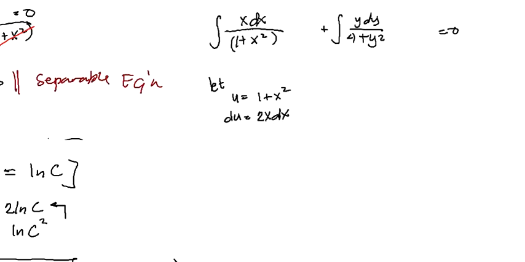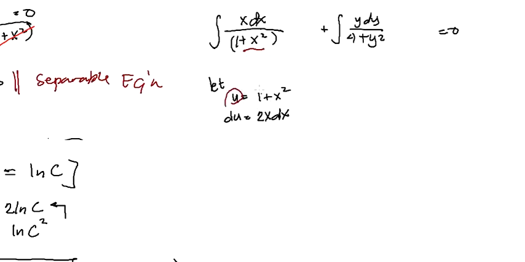Okay, and let's now go back to our integrand. So we have x dx here and 1 plus x squared. We now know that the 1 plus x squared here is this part.